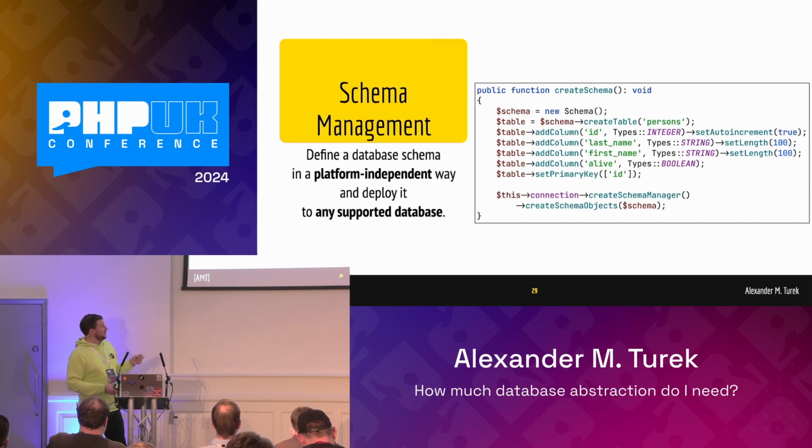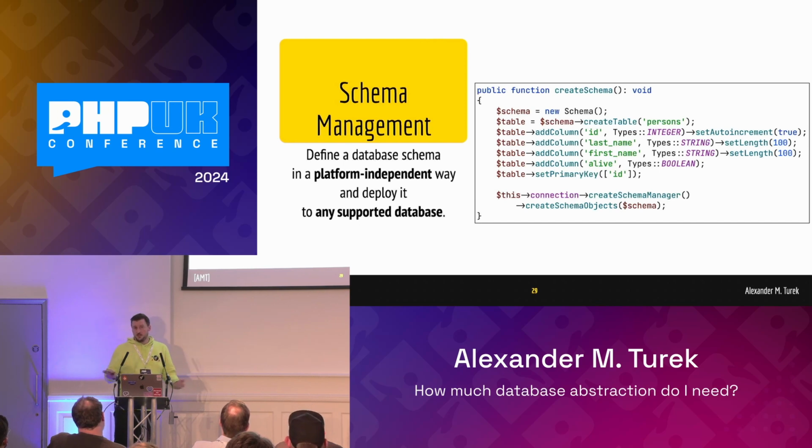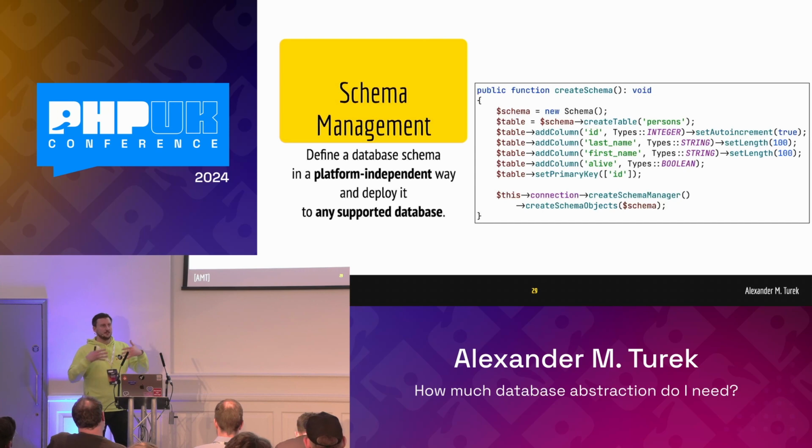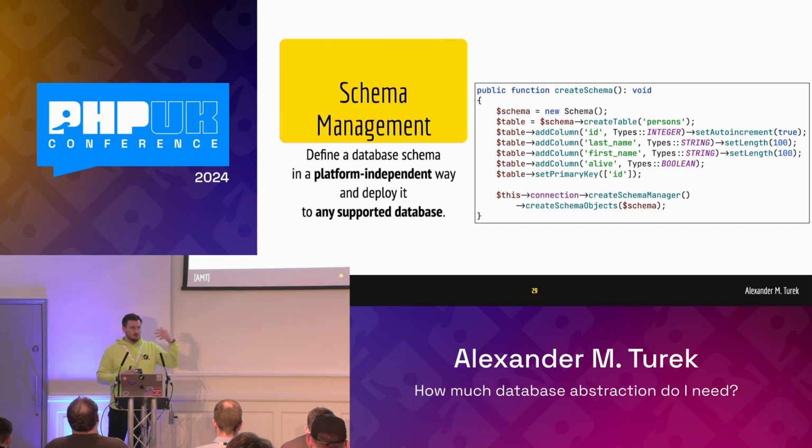This is also being used under the hood by the Doctrine migrations library, if you know that. If you're working with the ORM and you're changing your entity model, then you can ask the Doctrine migrations library, what's the difference between the database that is deployed and my entity model, and it will generate SQL statements that would modify the database structure so that it matches your entity model again.